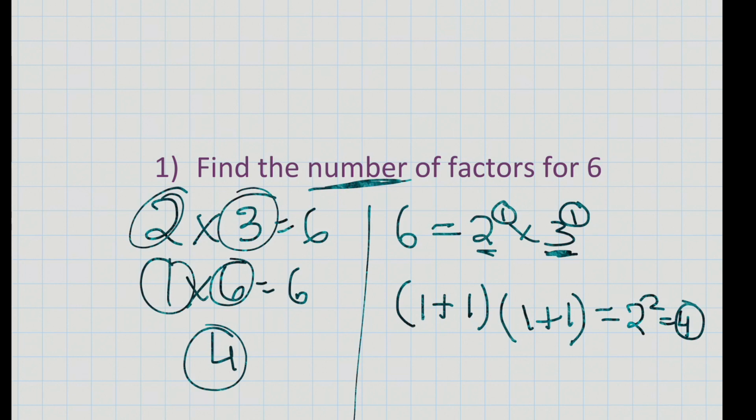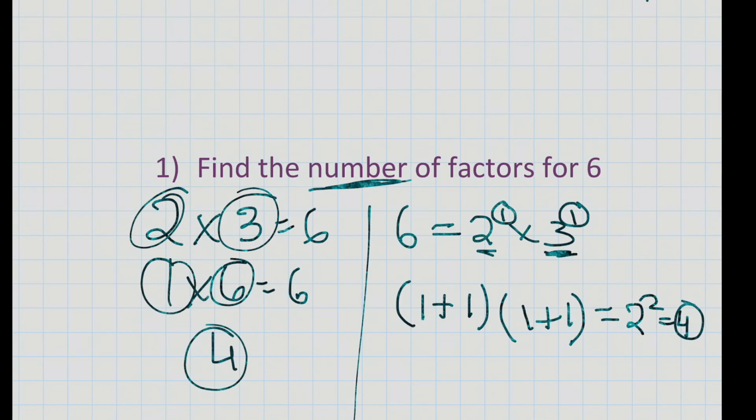Let's first find the prime factorization of a number like x. Let's call it a to the q times b to the r times c to the s and so on. That's its prime factorization, where a, b, and c are prime numbers.